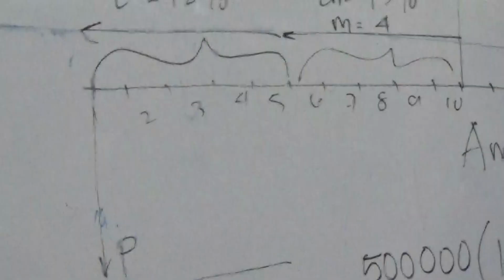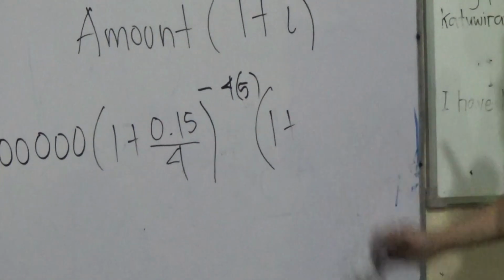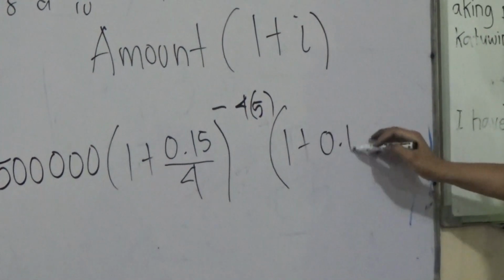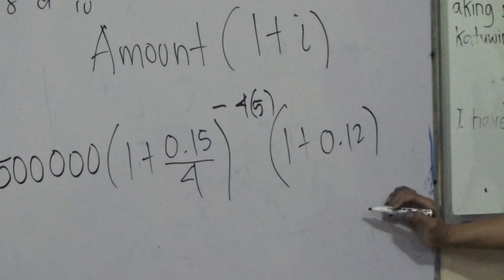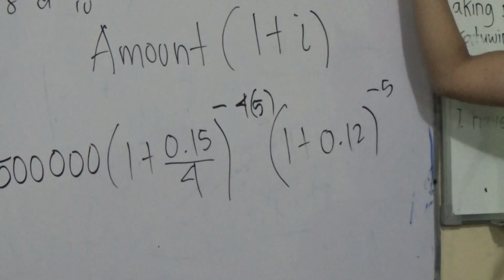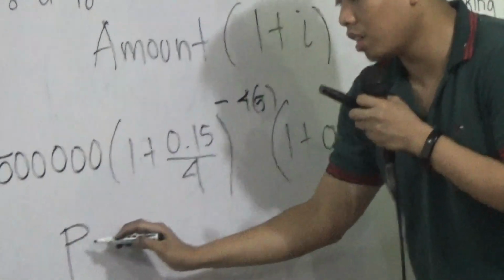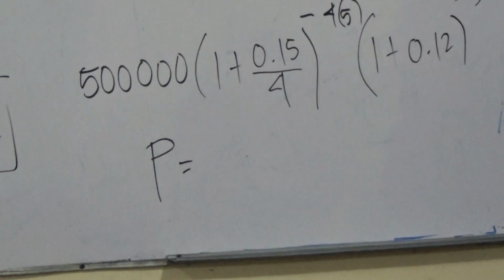Isa pang lipat. So mag-multiply na lang ako dito para dire-diretso na lang. Okay? So 1 plus I. Ano yung I natin? 0.12. Positive, negative. Negative ilan? Negative 5 na lang, kasi ang M niyan, 1. Ayun, dire-diretso na yan. Babalik na yan sa present. So, magkano yung pera natin na i-deposit?